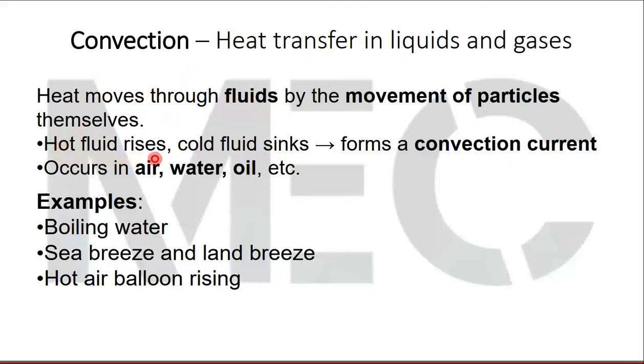Hot fluid rises, cold fluid sinks, forming a convection current. It occurs in air, water, oil, or fluids generally. In gases and liquids, it can happen. Examples are boiling water, sea breeze and land breeze, hot air balloon rising.